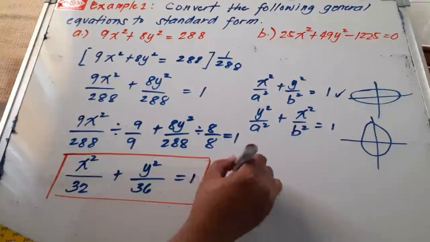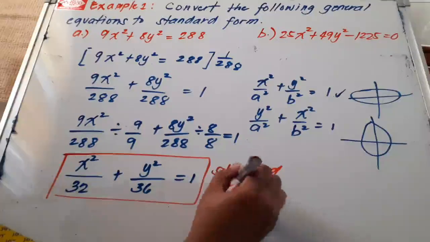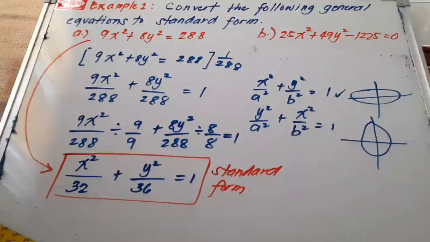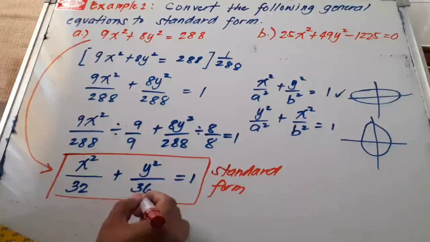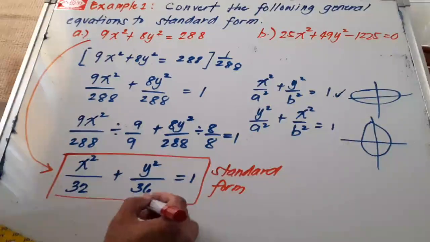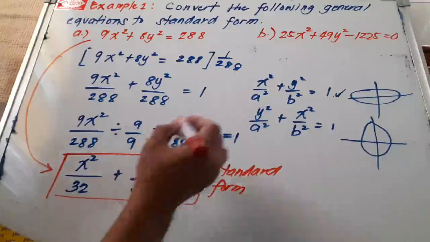This is the standard form. So from general equation, ilagay na natin siya sa standard form. Now, mapapansin nyo, mas malaki ang denominator ni y squared compared dun sa denominator ni x squared. Therefore, alin ang katulad niya?